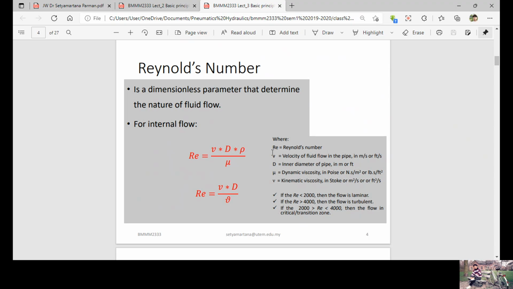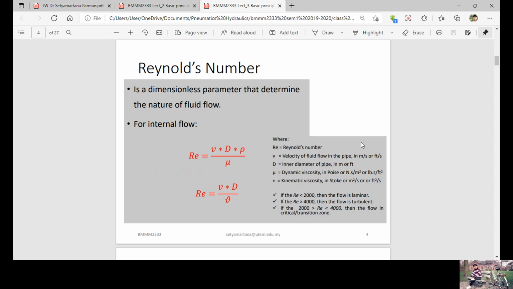Here Re is the Reynolds number, V is the velocity, D is the inner diameter of the pipe, mu is the dynamic viscosity, and nu is the kinematic viscosity.